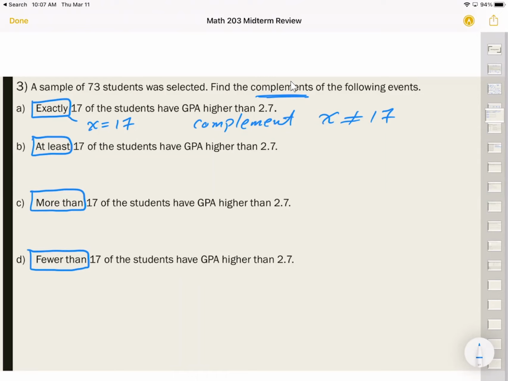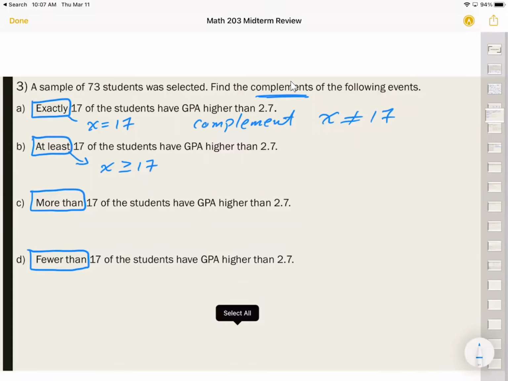And now think in terms of at least. What does at least mean? This is what at least means, ladies and gentlemen. At least means I pick a number for x, and at least 17 means that number has to be equal to 17 or more.